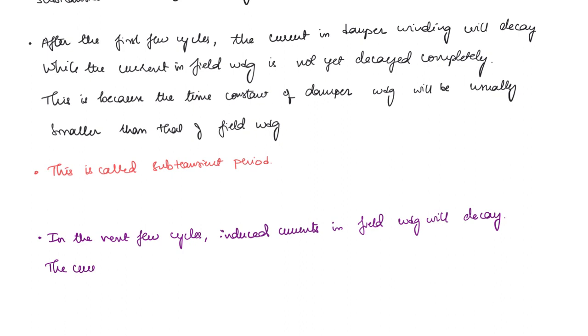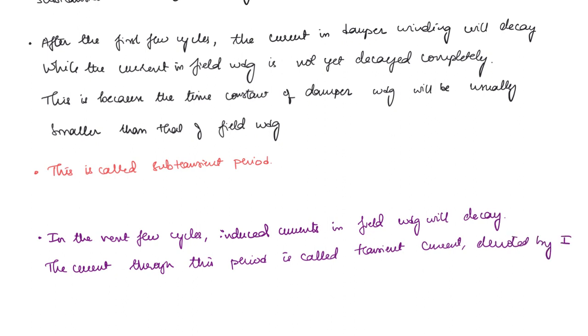The current through this period is called transient current, denoted by I dash.